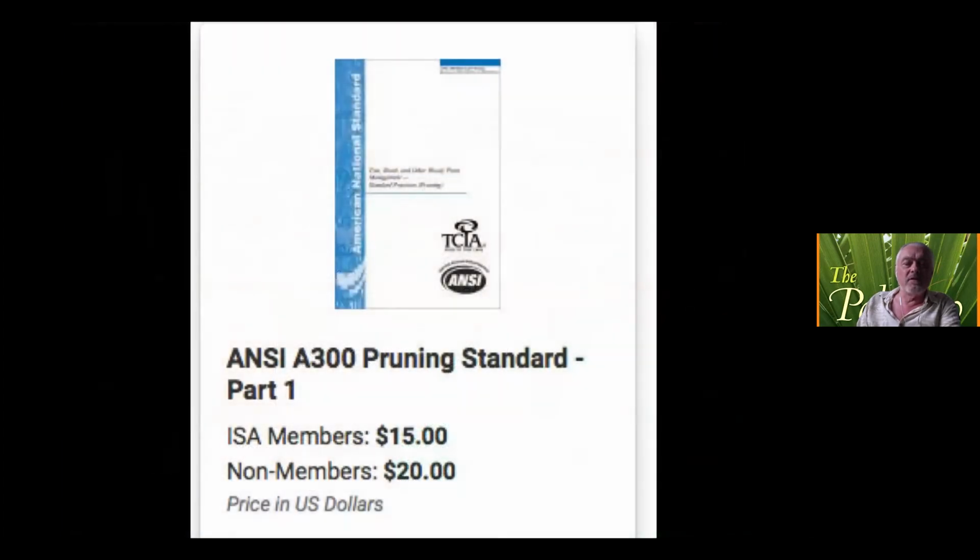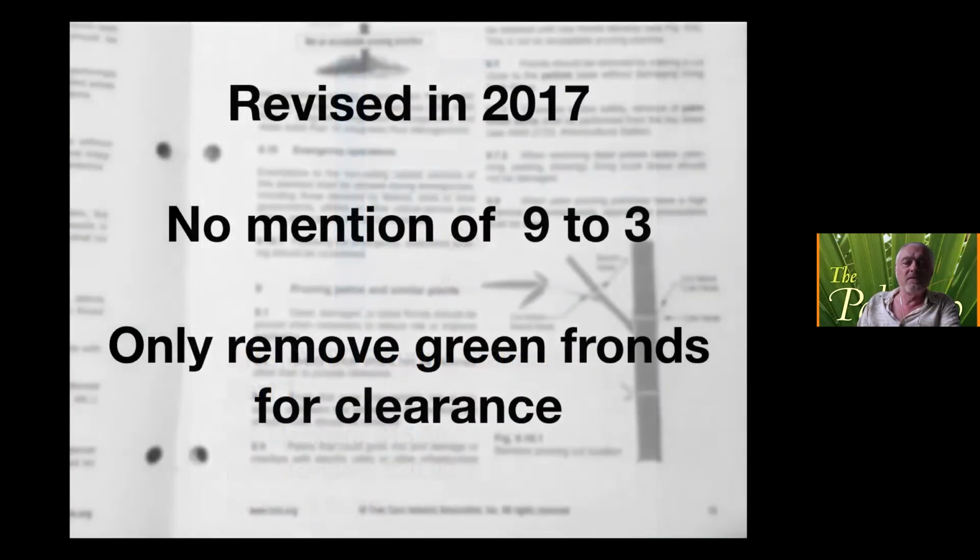But the pruning standards have changed. In 2017, they were revised. There's no longer any mention of 9 o'clock to 3 o'clock or a horizontal plane. And the only reason you should remove green fronds is for clearance. If they're interfering with a driveway, a sidewalk, a power line, a building, go ahead and cut as many green fronds as you want to.